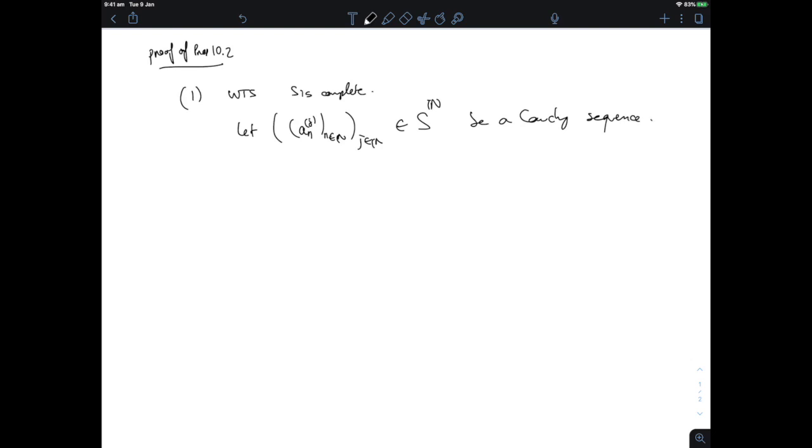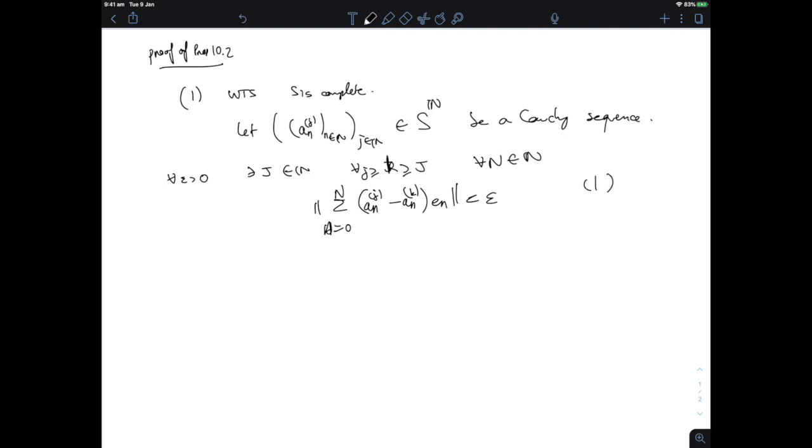So what does it mean that the sequence is Cauchy? It means that for every epsilon there exists a capital J in N, such that for all little j greater than k, say greater than capital J, and for every capital N in N, by definition of the norm of S, the sum from n equals 0 to capital N of (a_n^j minus a_n^k) e_n has norm smaller than epsilon.